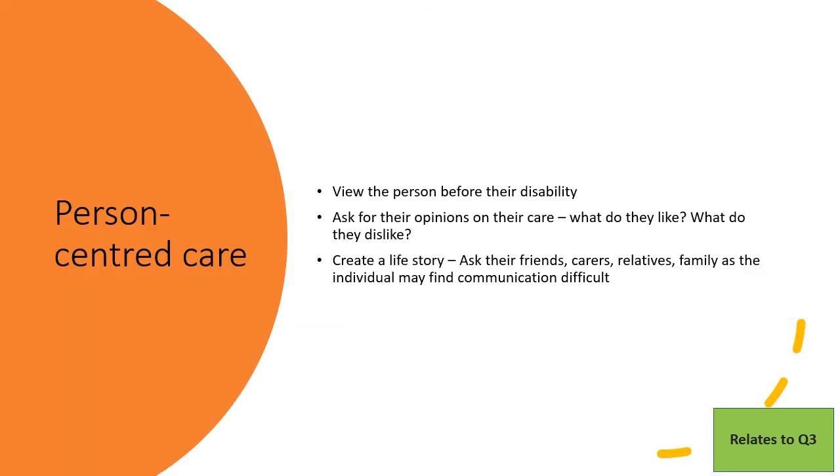So it's really important to provide person-centred care, to view the person before their disability. Ask for their opinions on their care. What do they like? What do they dislike? Create a life story by asking friends, carers, relatives, family, as the individual may find communication difficult.